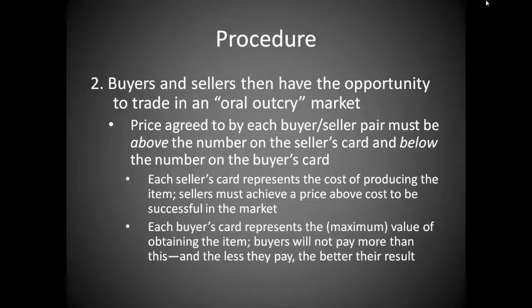Likewise, for the buyers, the price has to be below the number on their card. The red number on their cards represents the maximum value for them of obtaining the item, and of course buyers will not pay more than that amount, and so you won't allow buyers in your classroom pit market to transact at a price at or above the number on the red card.